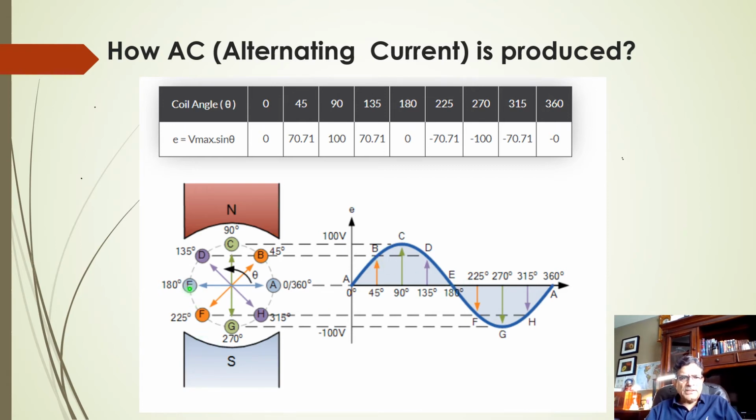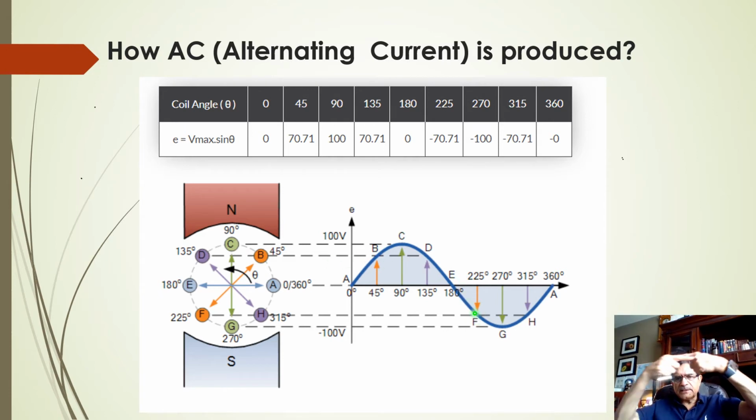Now this E moves further 45 degrees, and now it comes under the influence of the south pole. So it will produce voltage and current, but now the polarity, the direction of the current, will change. At another 45 degrees, which is now the 225 degree angle, which is this one, F, it will produce the same amount of voltage which was produced here, but now the direction of the current is different.